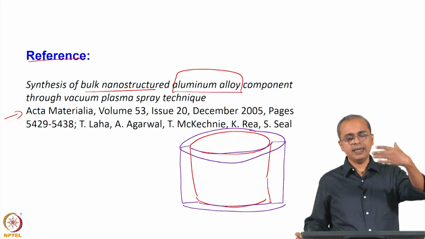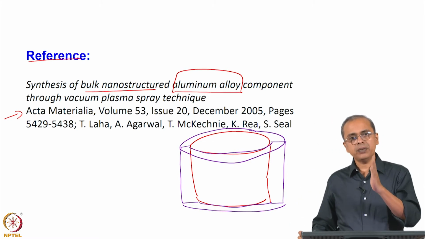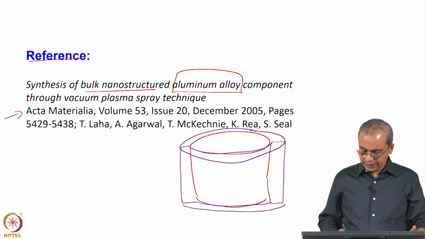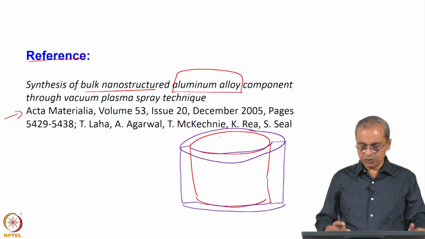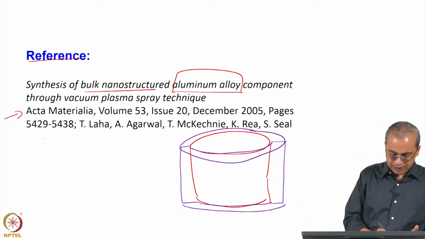So, you are getting like a cylindrical sample on top of a cylindrical substrate, then you can machine it out. So, once you machine it out, you can get various pieces out of it. So, you can radially machine out a whole bunch of pieces. So, you will get sample pieces which look like that.